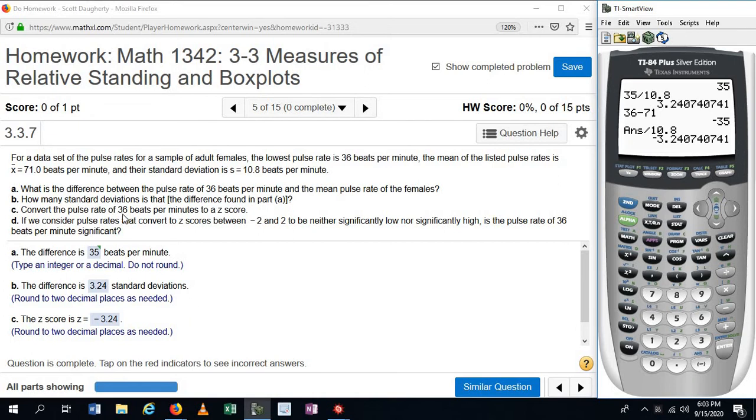Now the distance between 36 and 71 is 35 units, which happens to be 3.24 standard deviations. But again, when you convert this x value to a z-score, we actually get a negative number, and that indicates that it's 3.24 standard deviations below the mean.